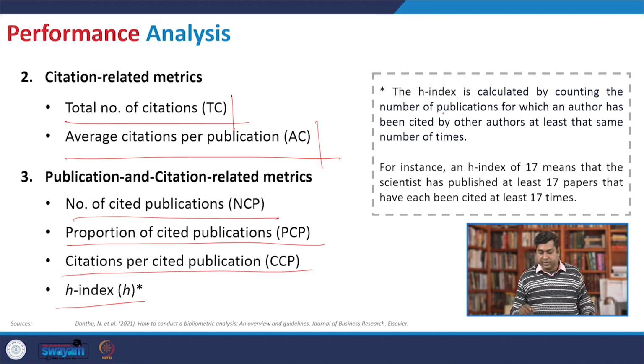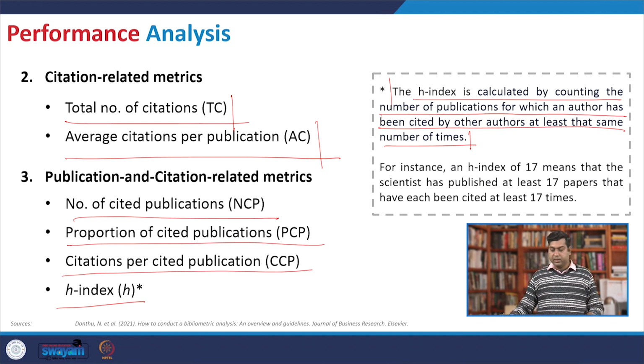How is the H index calculated? The H index is calculated by counting the number of publications for which an author has been cited by other authors at least that same number of times. Let us understand by example. Say an H index of 17 means, first of all, the author has at least 17 papers published and each of them has at least 17 citations.